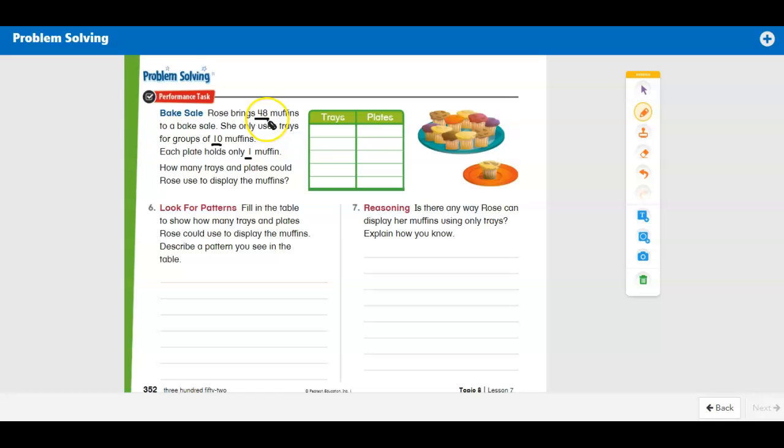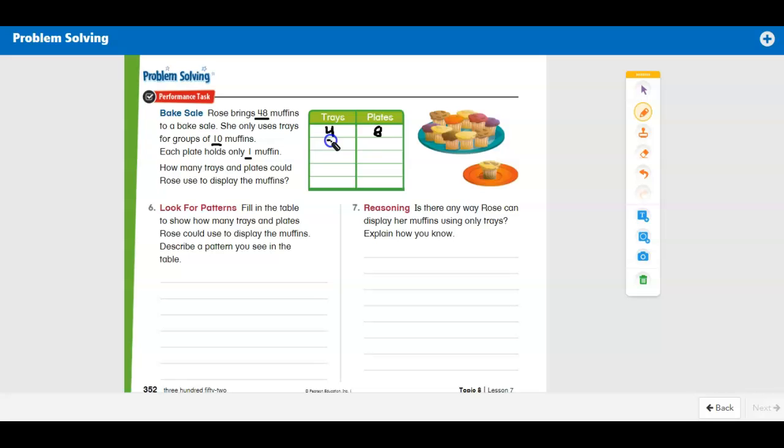If we have 48 muffins and 10 muffins can fit on 1 tray, that means 4 trays would hold 40 muffins, and if we have 48, we would have to put 8 of those muffins on a plate. This would show 40 plus 8, 48 of our muffins.